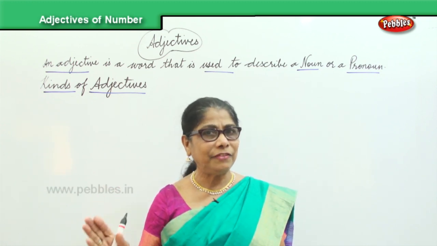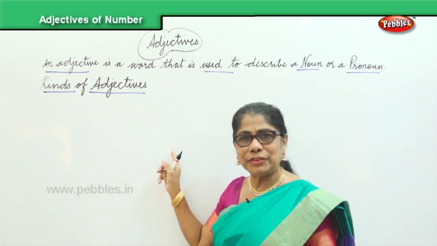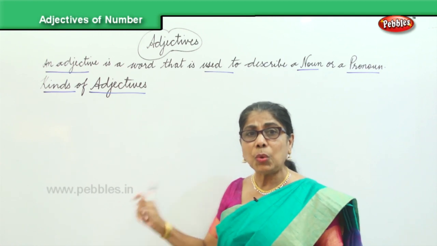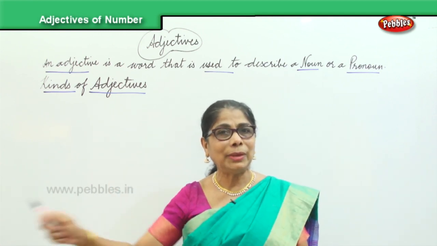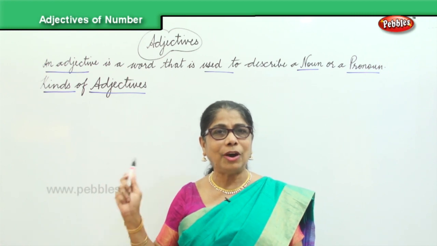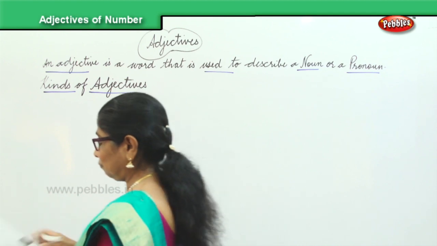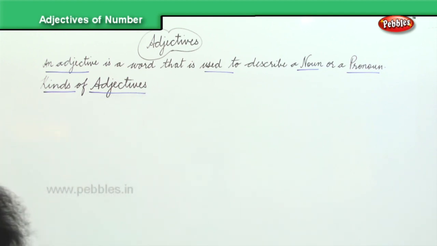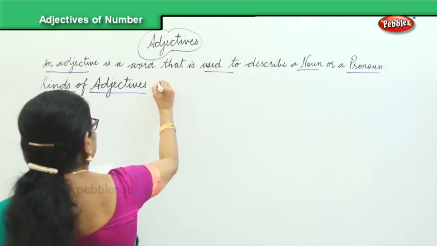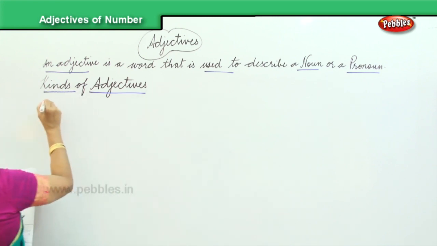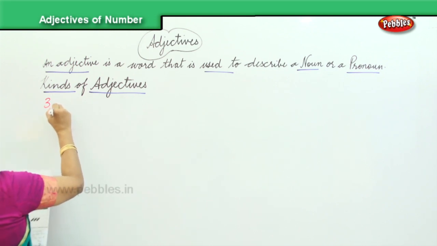To identify if the sentence is an adjective of number, you need to ask the question, how many? Then you know, oh, this is adjective of number. Adjectives of number.